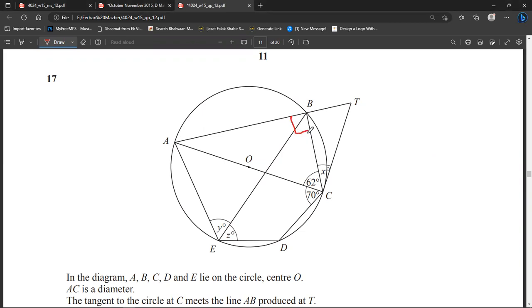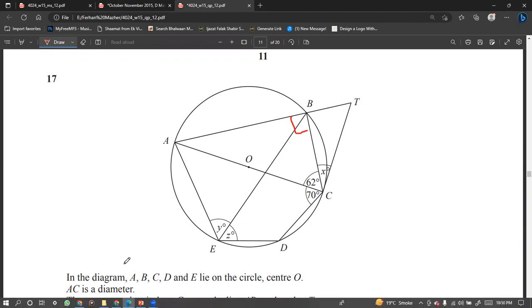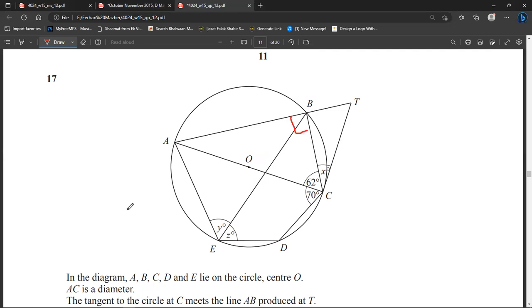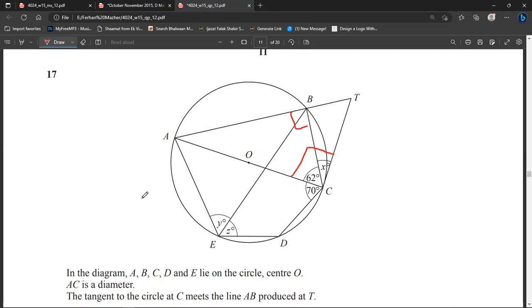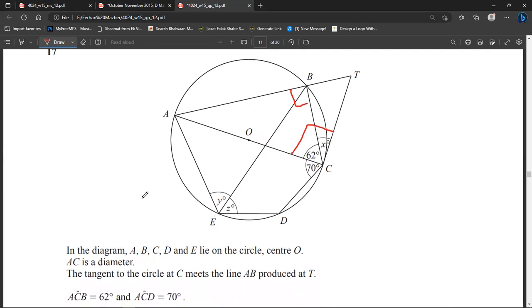We call it the right angle in the semicircle. The tangent to the circle at C, so this whole angle is also 90, because the radius and the tangent at the point of tangency make a 90-degree angle with each other. The tangent to the circle at C meets the line AB produced at T.